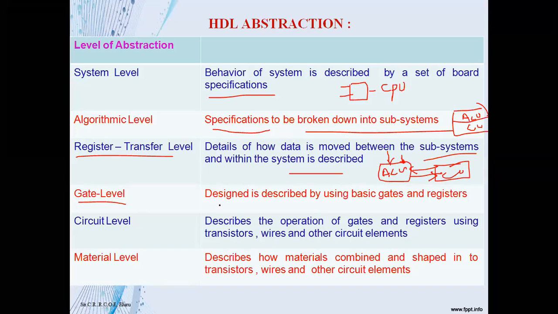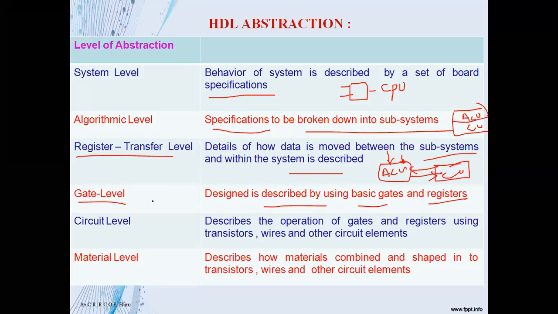In this gate level, the design is described by using the basic gates and registers. At the system level and the algorithmic level, we have only block diagrams. We don't know the exact components in the CPU block or in the arithmetic and control unit blocks.